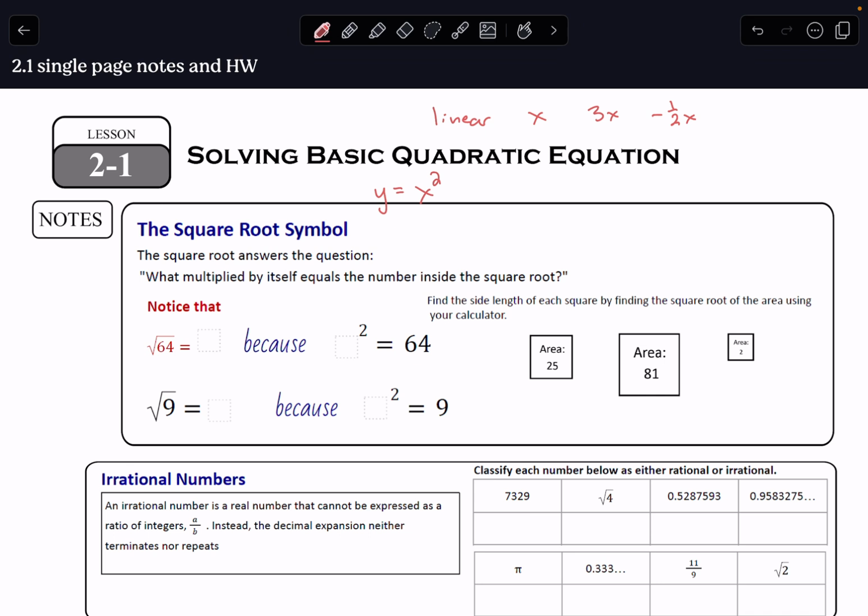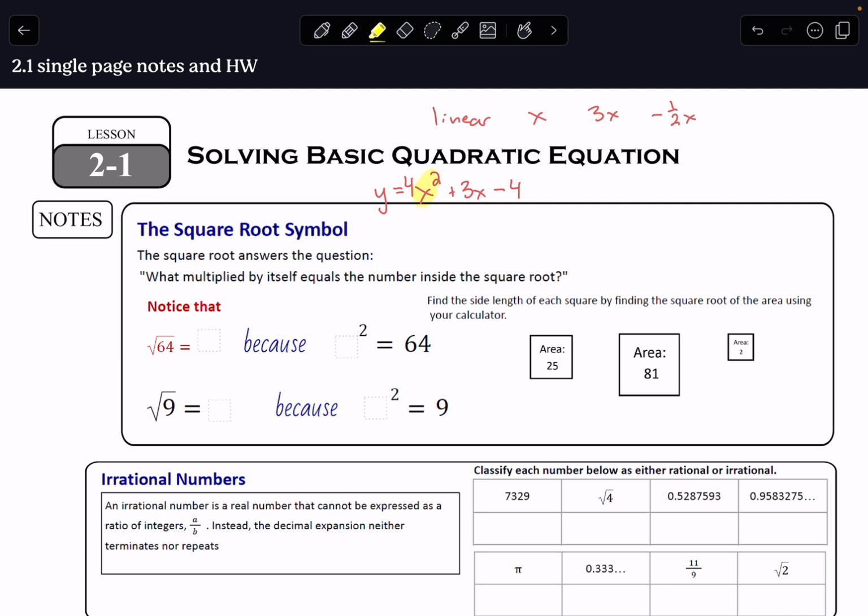Sometimes there's a number in front of it. Sometimes there's not. Sometimes you also will have an x value. Sometimes you will also have a constant, but not all the times. What makes it a quadratic equation is that x squared. Nothing else around it matters as far as making it a quadratic equation.